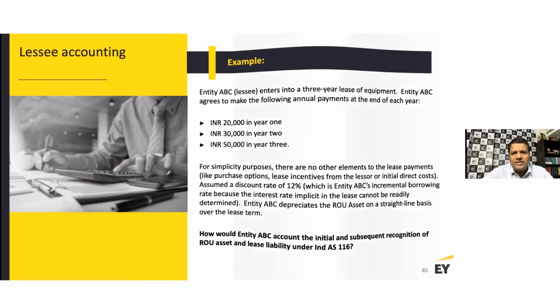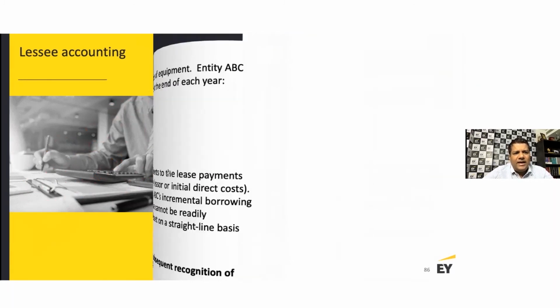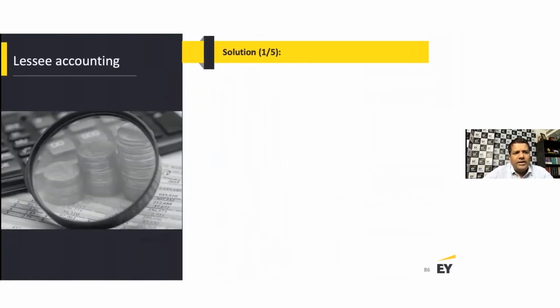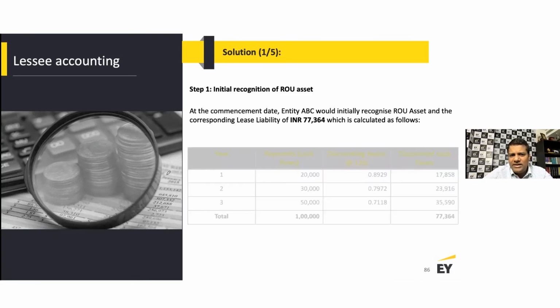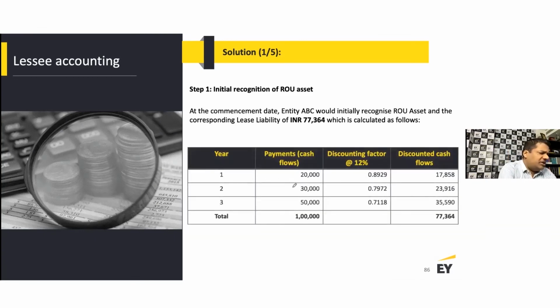Okay, so let's just try and understand this. How do I need to look at this? So initial recognition, step 1, at the commencement date, entity ABC would recognize the ROU asset and the corresponding lease liability, which is 20,000, 30,000, 50,000. I'm going to discount, because this payment was made at the end of the year, right?